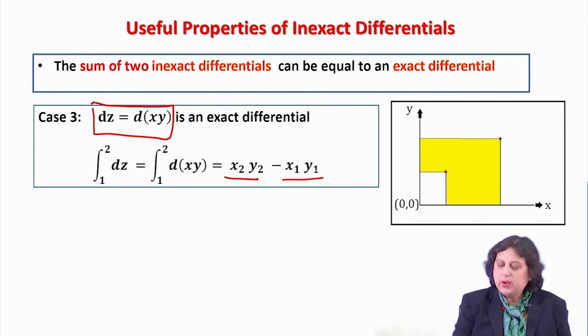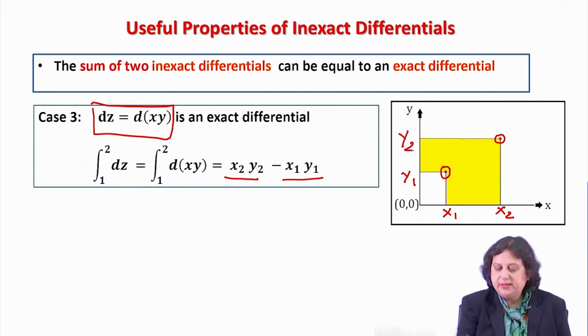This is the xy plane, where x and y vary from this initial point to this final point. This is x1, this is x2, this is y1 and this is y2. Then x2 y2 minus x1 y1 is nothing but the difference in area.